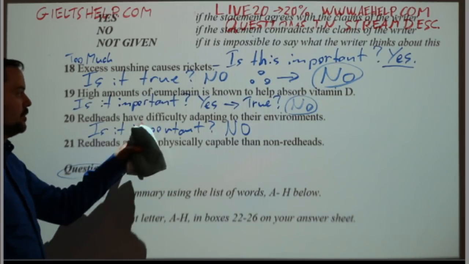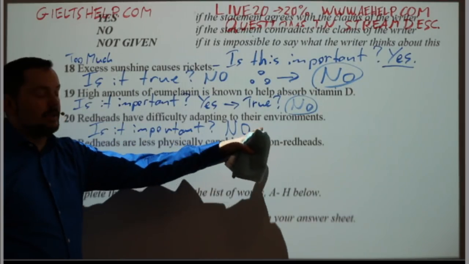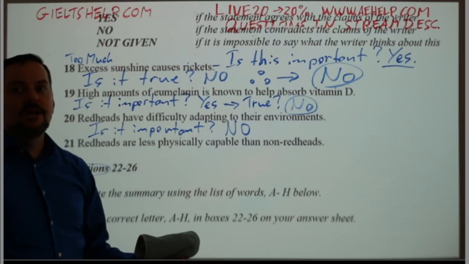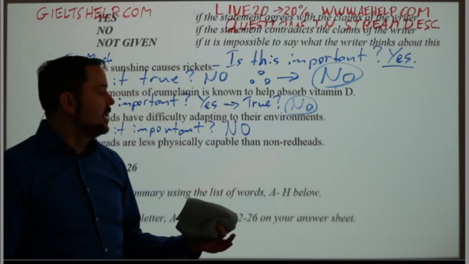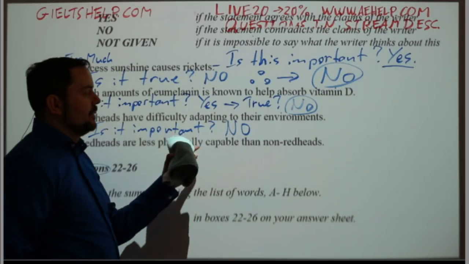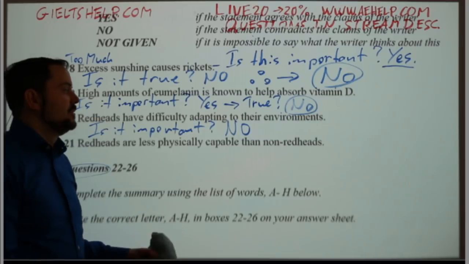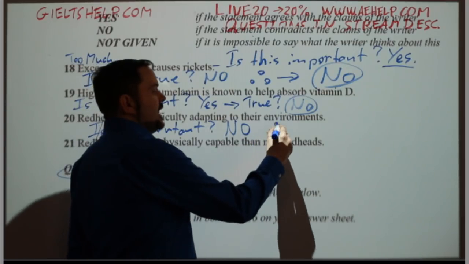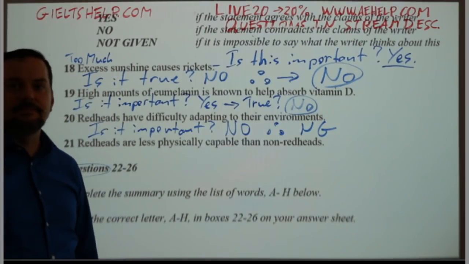So remember, the phrase here is have difficulty adapting to their environment. This is present tense, so it means generally these days do redheads have difficulty. No, that's not important. We don't talk about how well redheads today adapt to their environments, so therefore the answer is not given. Okay, that should be quick and easy.